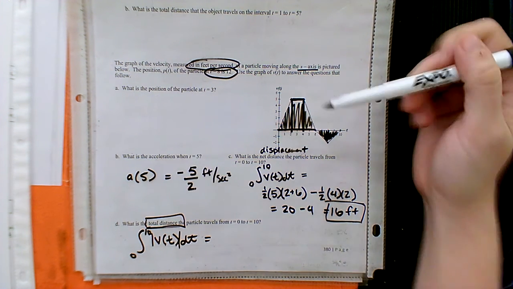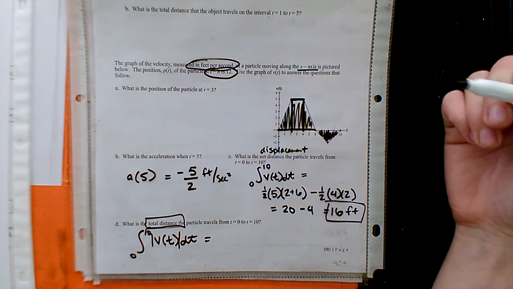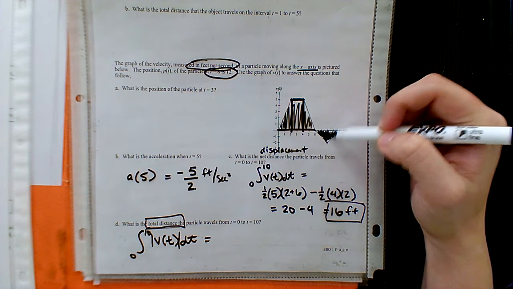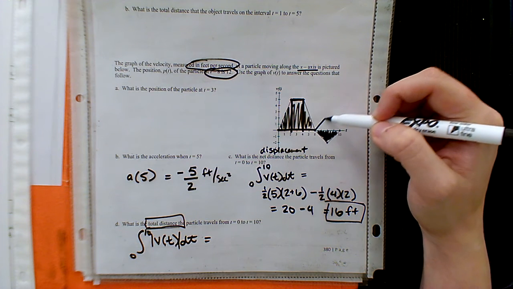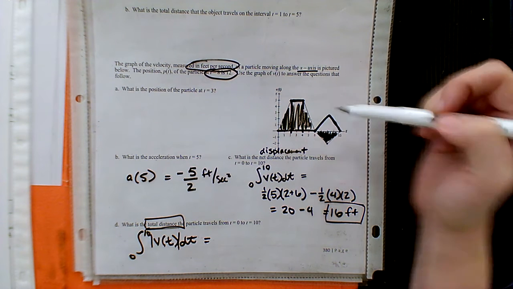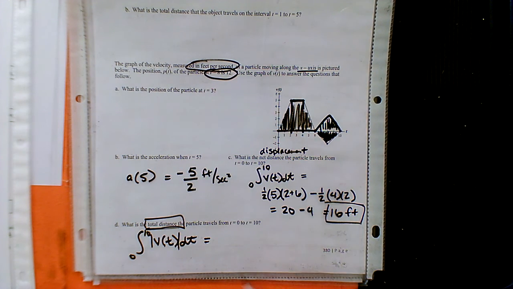All right, so can we think about how that would change this velocity graph if we took the absolute value of it? Go ahead, Austin. Instead of subtracting that 4, you would add 4. Right, so this little negative area is going to be flipped or reflected like that. So we're going to add up this area and then this new area. It's still 4, but now it's going to change to positive.